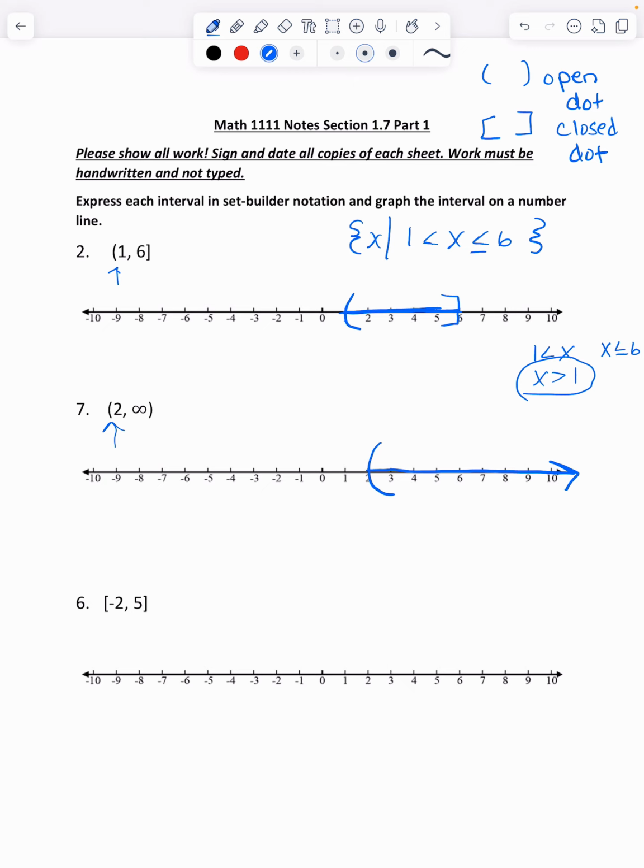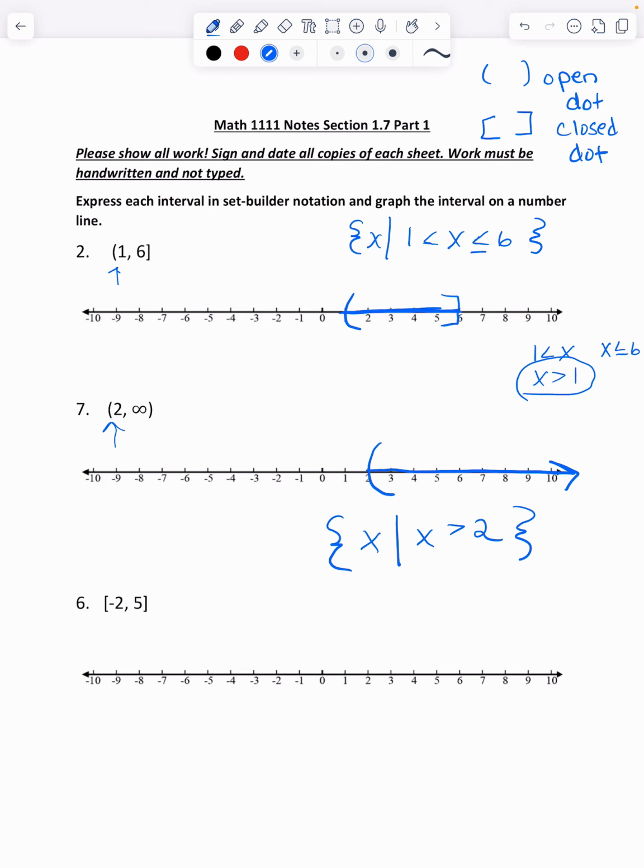If I was describing the solution set I have graphed here, it would be all the numbers greater than 2, with no equal sign since the 2 had a parentheses. To finish the correct set builder notation, I'm going to do X such that, and put it in my curly braces. Infinities will always have parentheses.